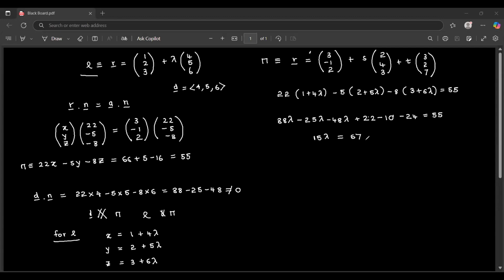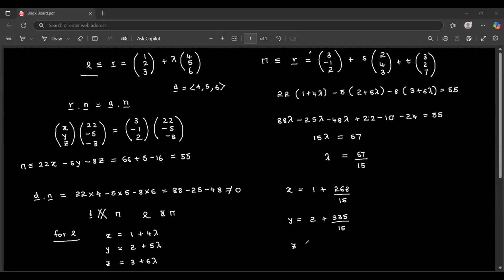Okay, cool. So what should we do next? Then lambda will be equal to 67 over 15. So now we know x is equal to 1 plus 4 into 67 over 15, which is 283 over 15. Y will be equal to 2 plus 335 over 15.